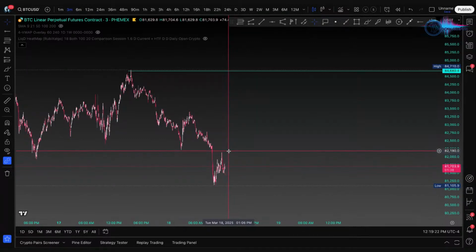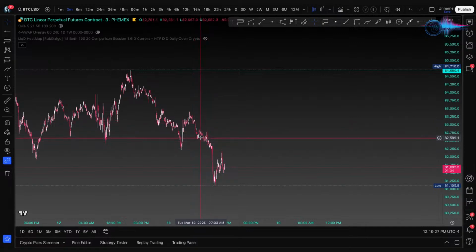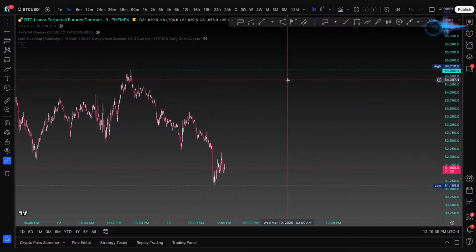Get above here, then we will start probably working our way up into this liquidity here, because this right here was way too easy for the people shorting. So watch for a push back up to the 84 range. Maybe the beginning of 84. So 84K even to 83.9.